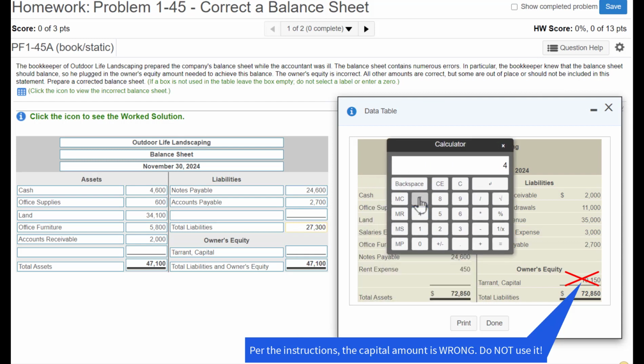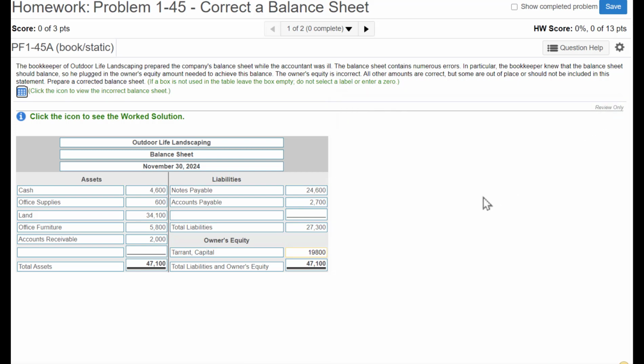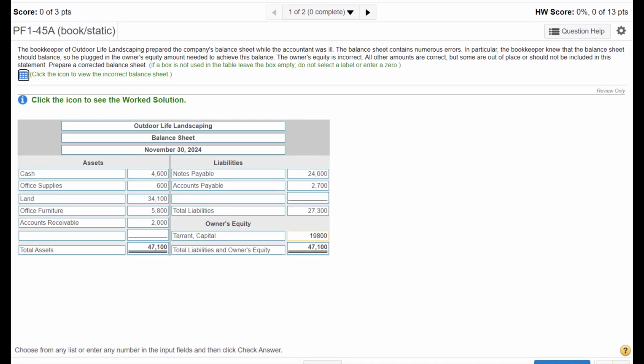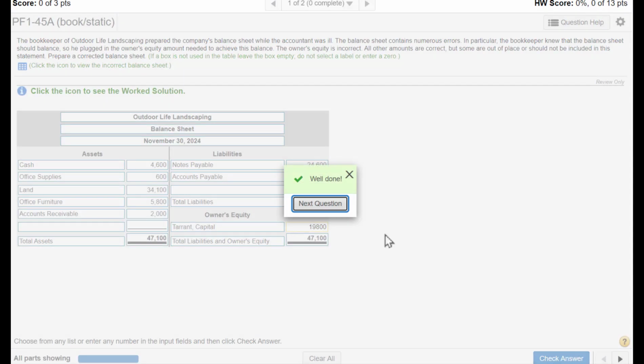So we got 47,100 minus 27,300 equals $19,800 of capital. And I think that looks good. So let me move this up and check my answer. Well done.